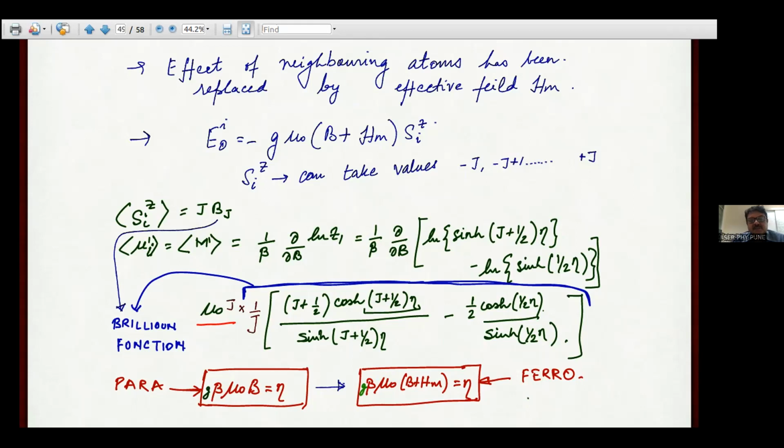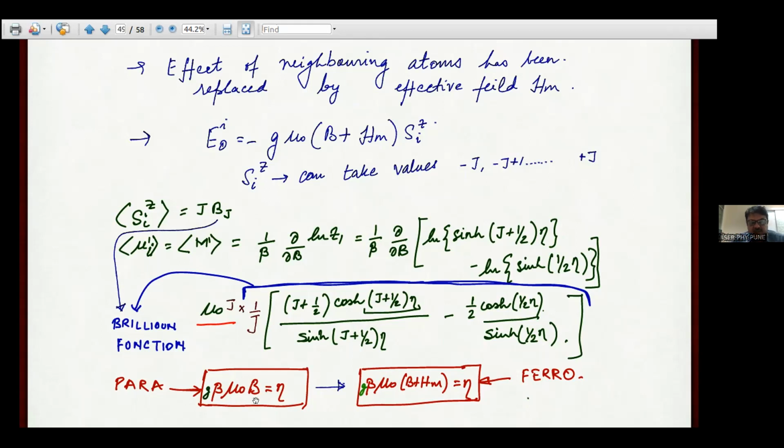So either you talk about zero magnetic field or infinite temperature, then the magnetic moment was zero. The average spin at each lattice site, the ensemble averaged value, is 0. This angular bracket denotes the ensemble averaged value, which corresponds to the time average, of course, of what you will measure.